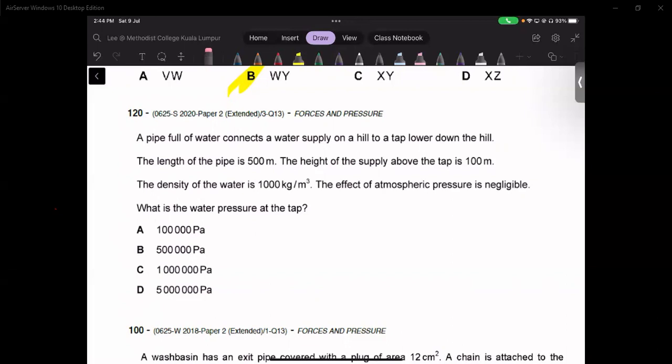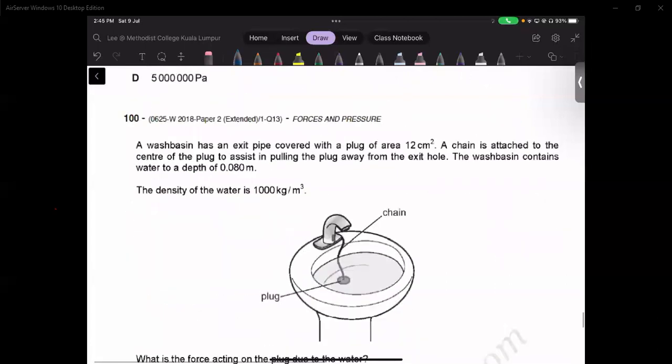Ah, 1.5. 1.5. Okay. You do the question already. You can mark. I'll find the answer and write at the side.